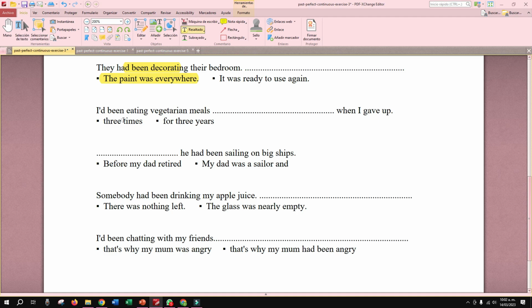Do this one. I had been eating vegetarian meals when I gave up, for 3 times or for 3 years. This is easy, Mr. Davy, because remember that when you use the past perfect, present perfect, etc., you're going to use a length of time, or how long something is happening.